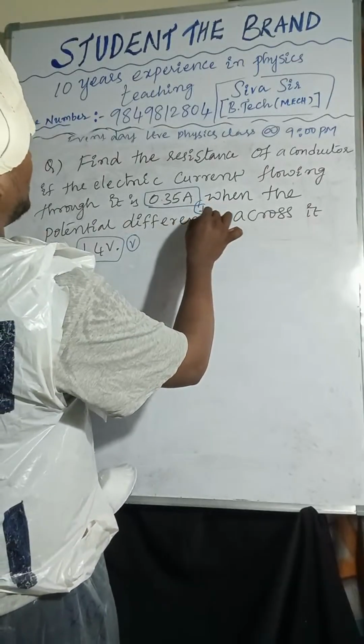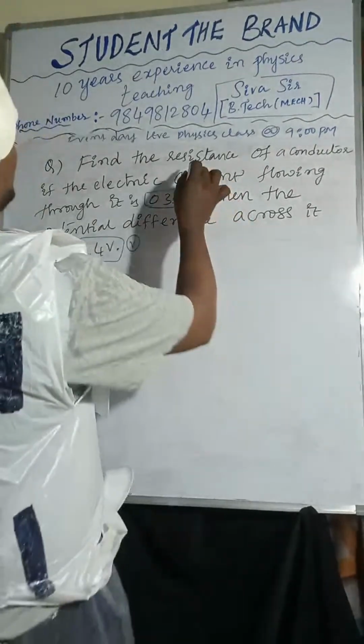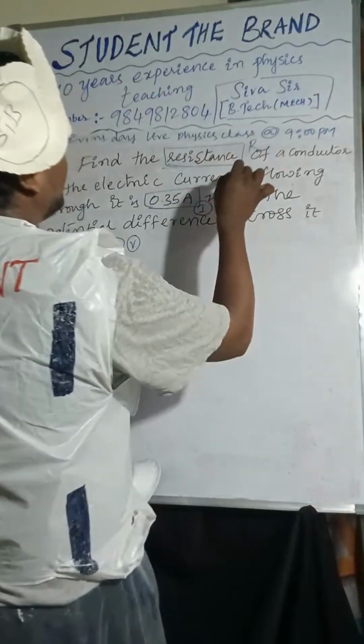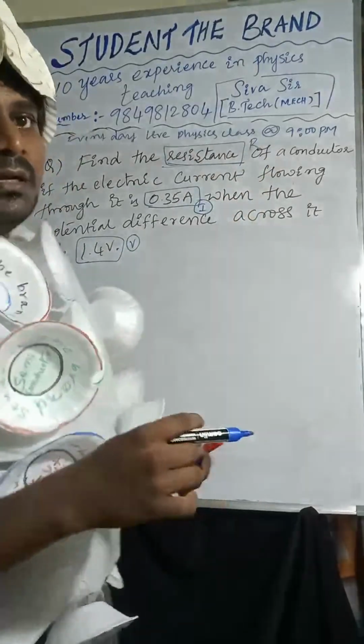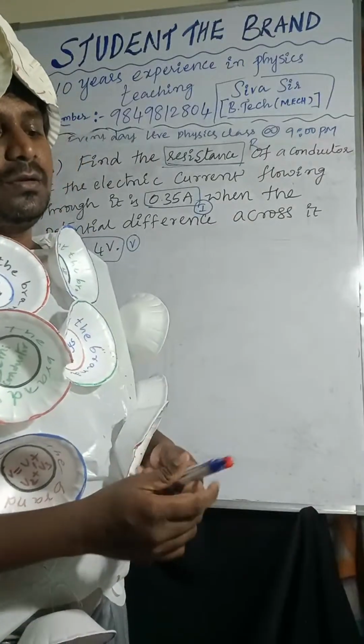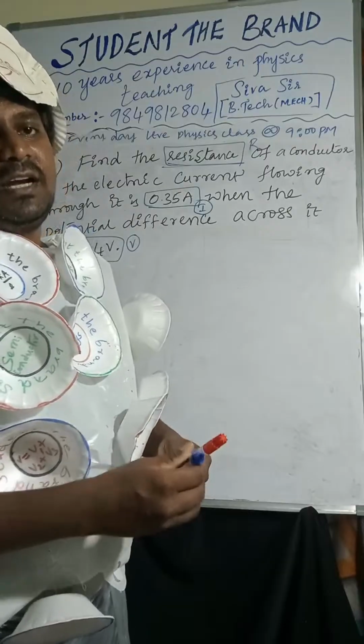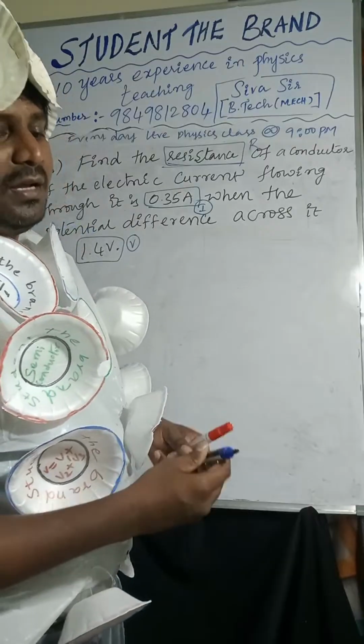Current and potential difference are both given, and we have to find the resistance. Can you tell which formula we have to use? First write the given data.